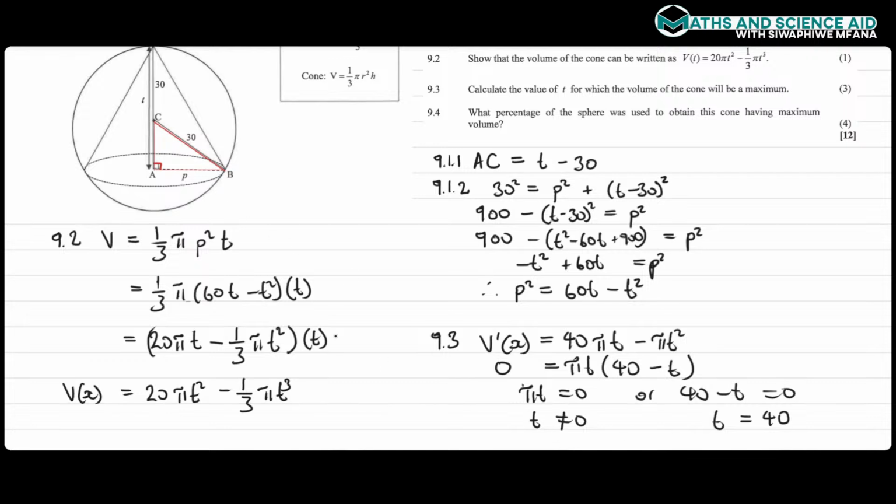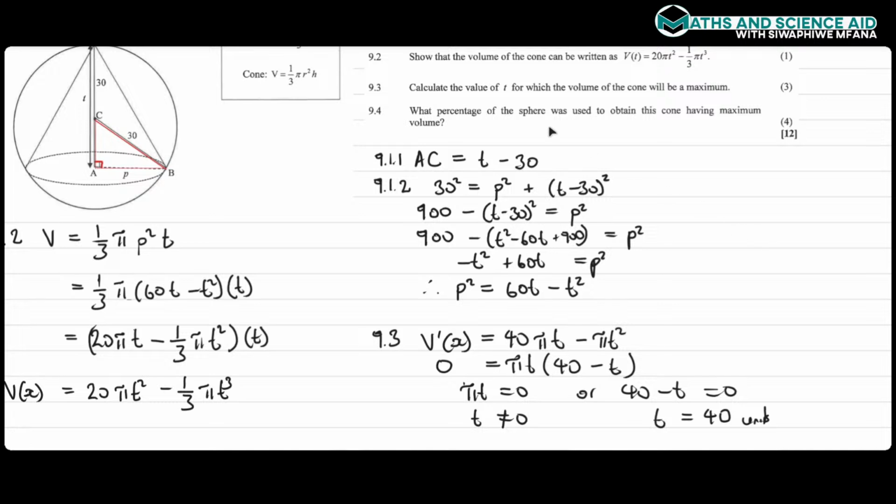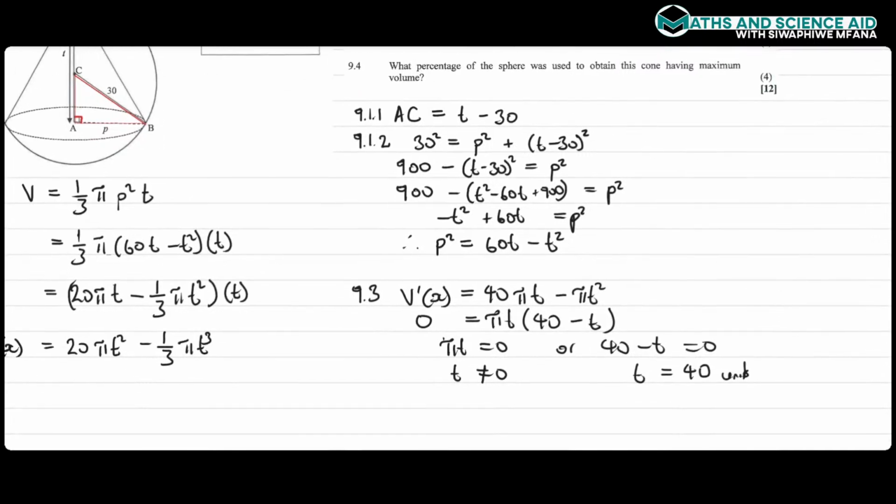It's a height, so it must have some length. So it's going to be 40 units. So back to the question again, we just wanted the value of t. So our value of t is t equals 40. Therefore, t equals 40 units.